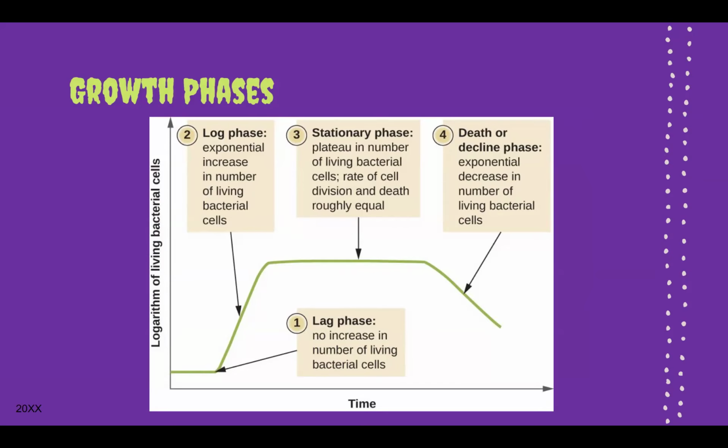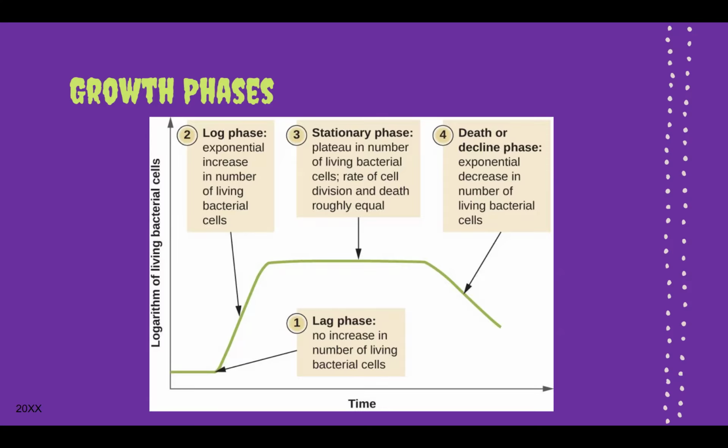It's able to reproduce very quickly because it has a lot of resources around it. Log phase will continue until you get to the stationary phase. At this point, you're starting to run out of nutrients or food for the microbes, so it's becoming more like one for one. As one bacterial cell is born, another bacterial cell is dying.